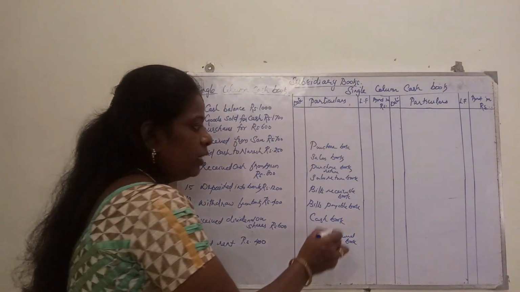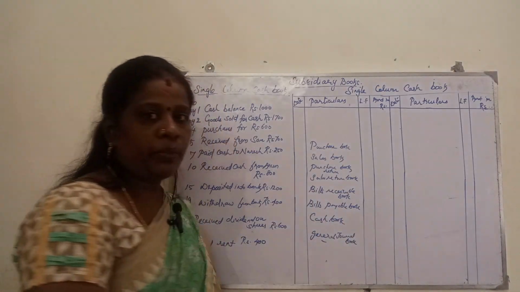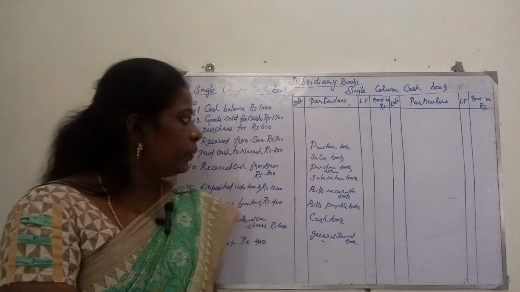So this is the general journal. Apart from these transactions, other transactions are mentioned in the general book.